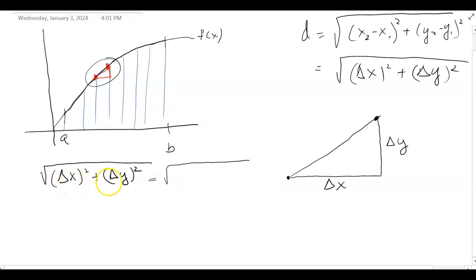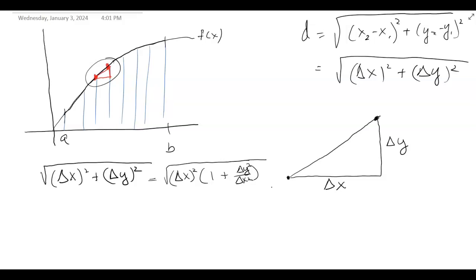So let's suppose I want to factor out change in x squared. Well, you can do that. You get a 1 there, but to do that, you actually end up with change in y squared over change in x squared. And if I multiply it back, you'll see you get exactly what we have.